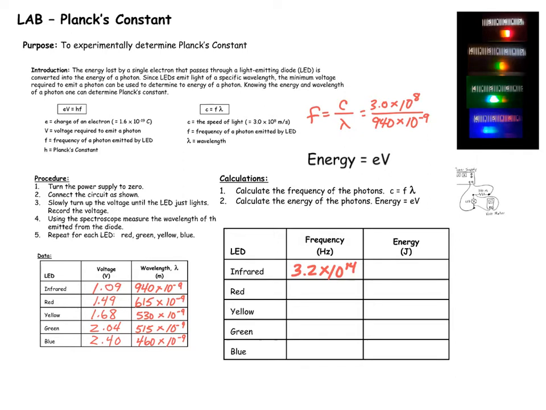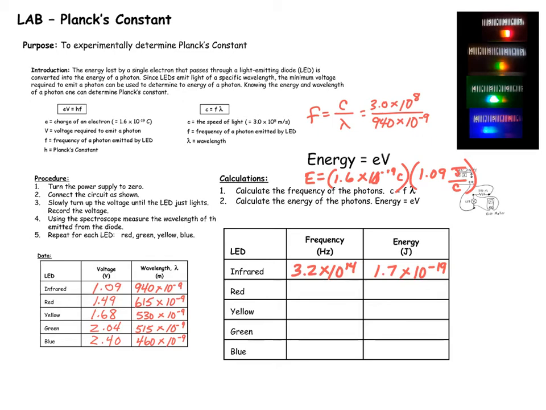Now, since volts are actually joules per coulomb, if we take the charge of the electron, 1.6 times 10 to the minus 19 coulombs, times the volts, which is 1.09 for the IR, joules per coulomb, or volt, we will get 1.7 times 10 to the minus 19. Now, a single photon does not have a lot of energy.